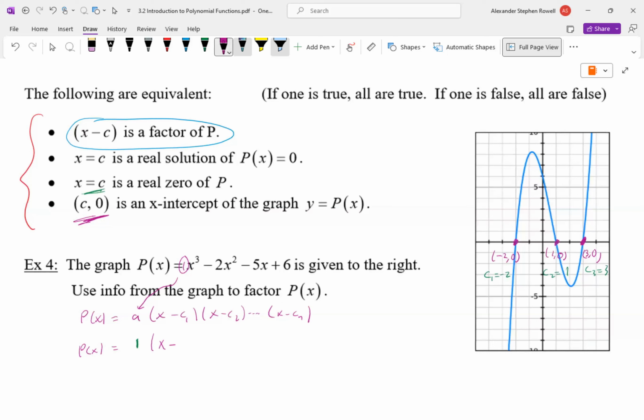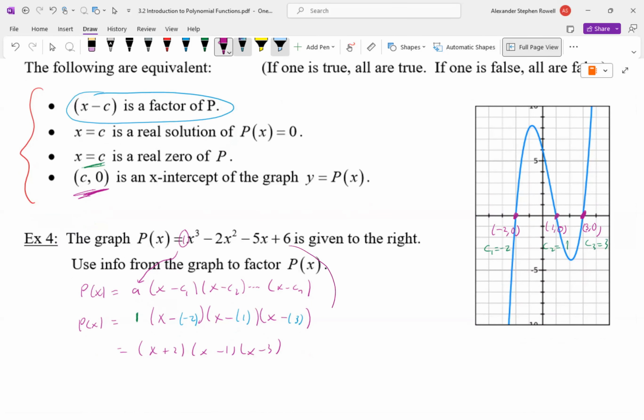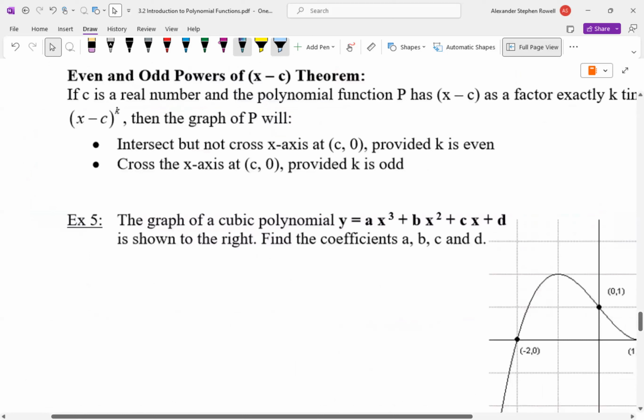Then I have x minus, what's my C1 value? Yeah, -2. What's my C2 value? 1. And my C3 value? All we had to do was look at the intercepts and subtract those values from x to get our factored form of our polynomial. X plus 2 times x minus 1 times x minus 3. I factored the polynomial by looking at the graph and using this theorem. Any questions about that?